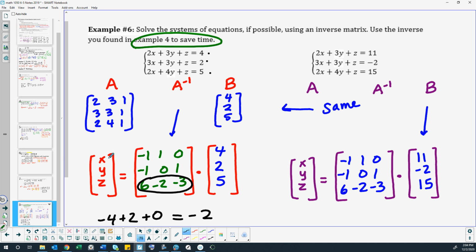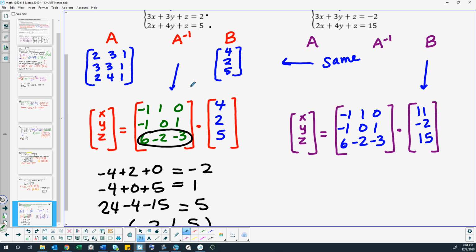So to find our variables x, y, and z, we just take the inverse matrix that we found in example 4, and we multiply it times the constant matrix, matrix B. So we take our first row times our one column, negative 1 times 4 is negative 4, 1 times 2 is 2, 0 times 5 is 0, negative 1 times 4 is negative 4, 0 times 2 is 0, 1 times 5 is 5, and then 6 times 4 is 24, negative 2 times 2 is negative 4, negative 3 times 5 is negative 15.